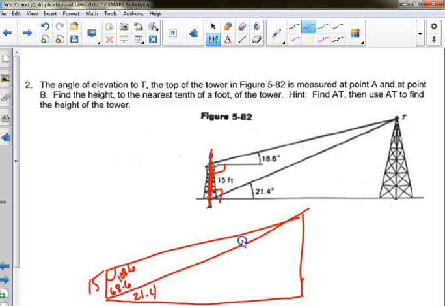Like 1 or 2 degrees. I don't remember. 180 minus 108.6 minus 68.6. 2.8. Okay. Now, if we use this triangle, so the sine of 2.8 is across from 15.